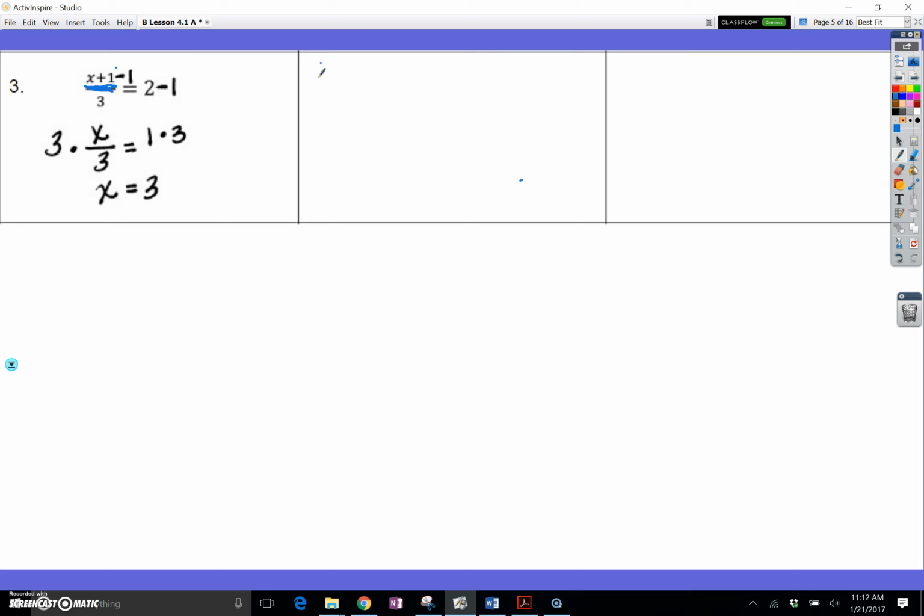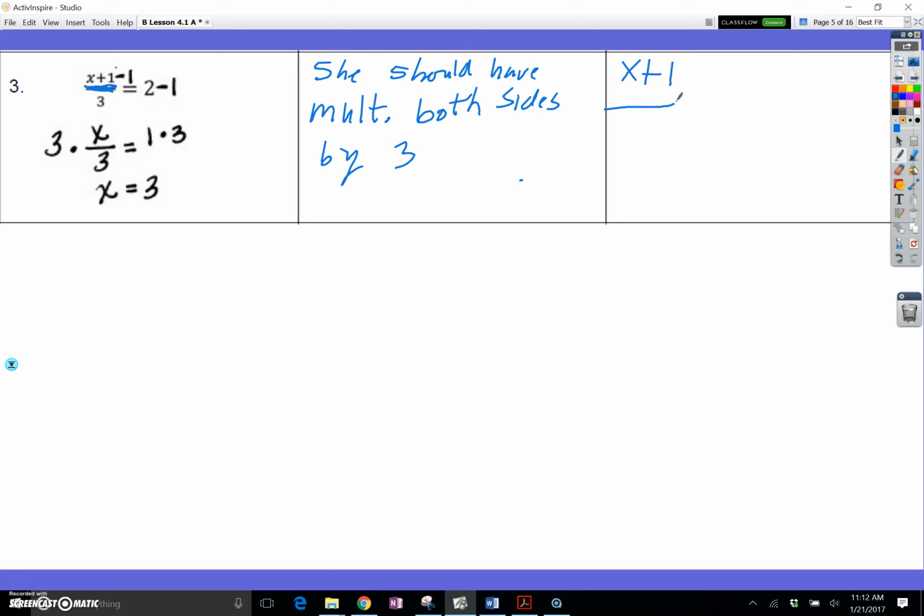So her mistake, she should have multiplied both sides by positive 3. So the original equation was x plus 1 divided by 3 equals 2. She should have started off by multiplying both sides by 3.